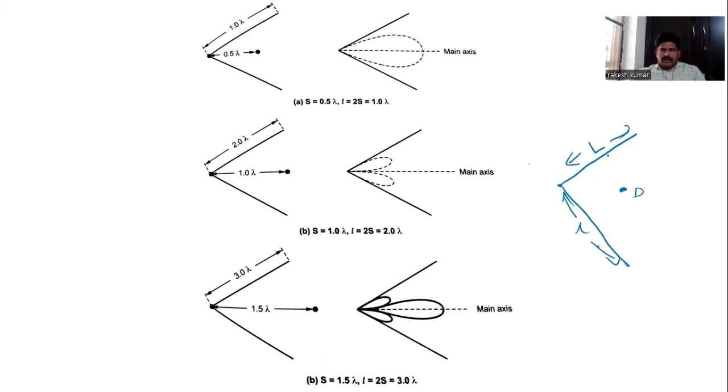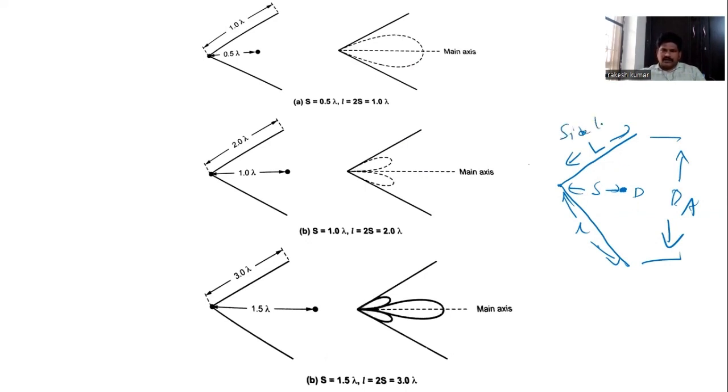L is the length. And this is DA, the aperture. DA is the dimension of aperture. And this is S. S is the separation distance between the driven element and the vertex. So L is the side length.